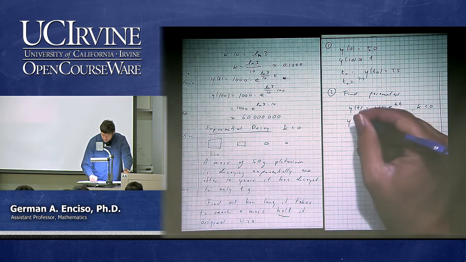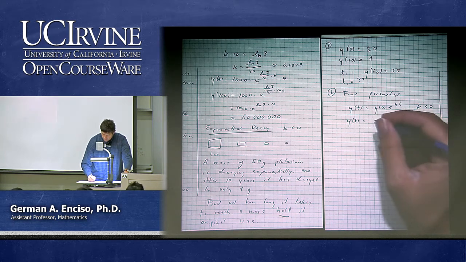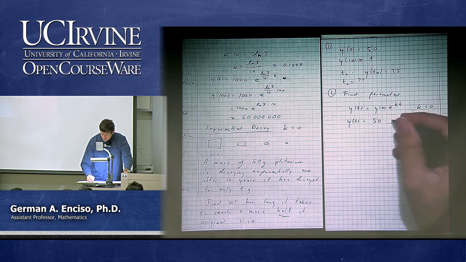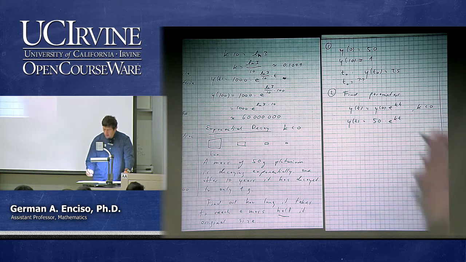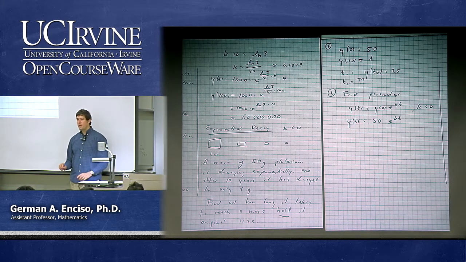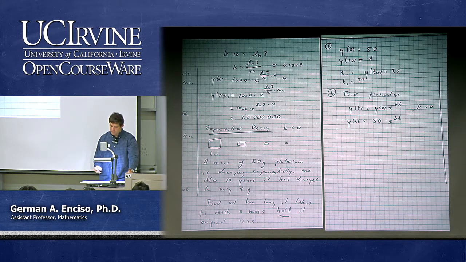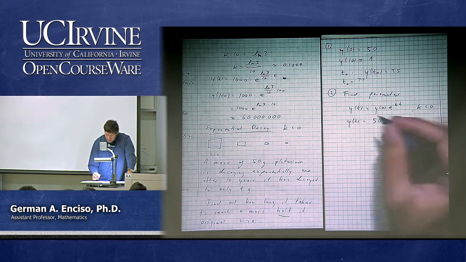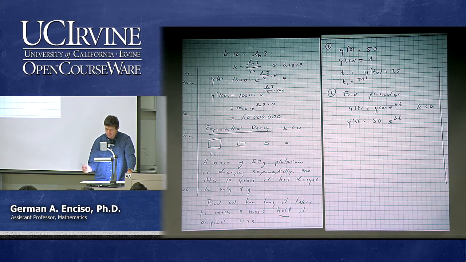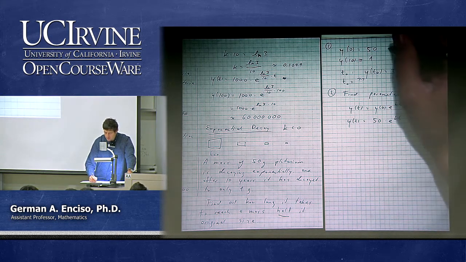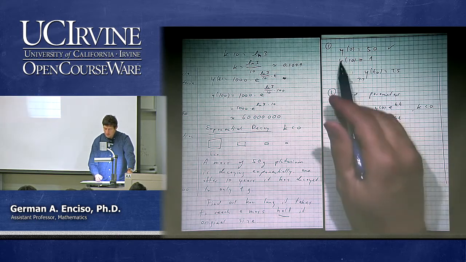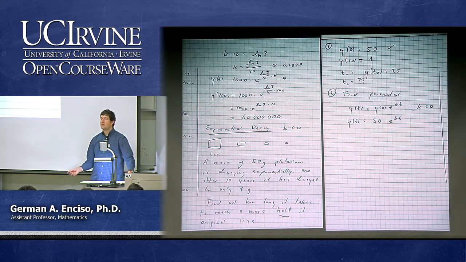And we know that this is 50 times e to the kt. So there's still one parameter we don't know, and that's k, right? Great. So how do we find the parameter k from the information we're given? We already used this thing. What about this one here? y of 10 equals 1.